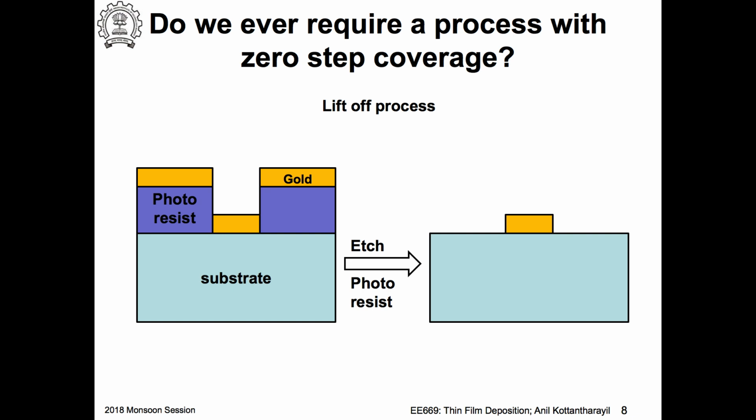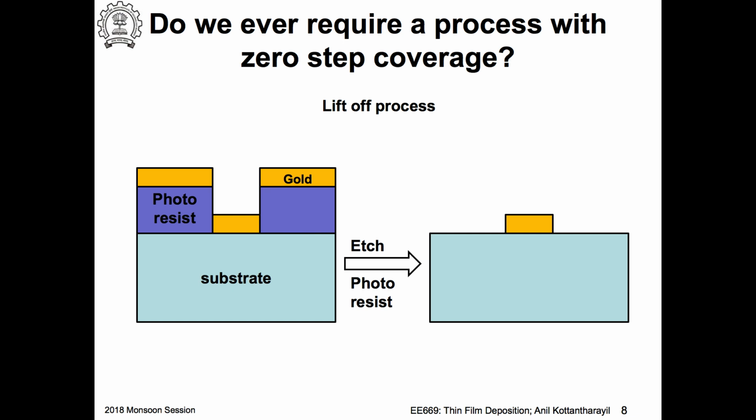Now the next step is to etch what? I don't want to etch the gold. That was the starting point. I don't want to etch gold. So I etch the photoresist. I strip the photoresist. Again I can use some organic solvents to etch away this thing.